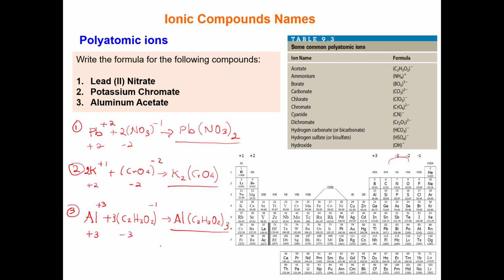In some books, you also multiply this: 2 times 3 is 6, and in some cases you can find the formula like that: 3 times 3 is 9, oxygen 2 times 3 is 6. It can be like that also, and it's also correct. It can be either this way or this way, both are correct.